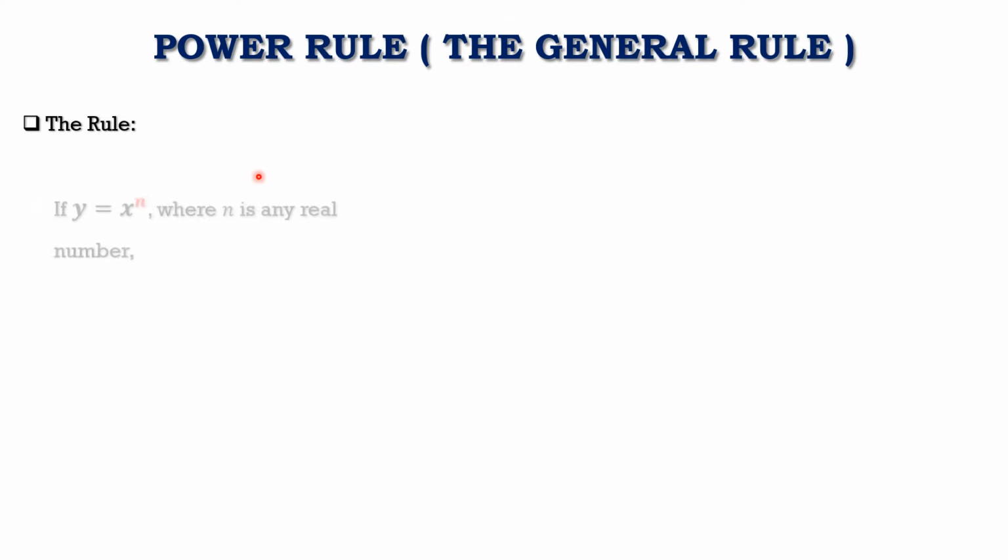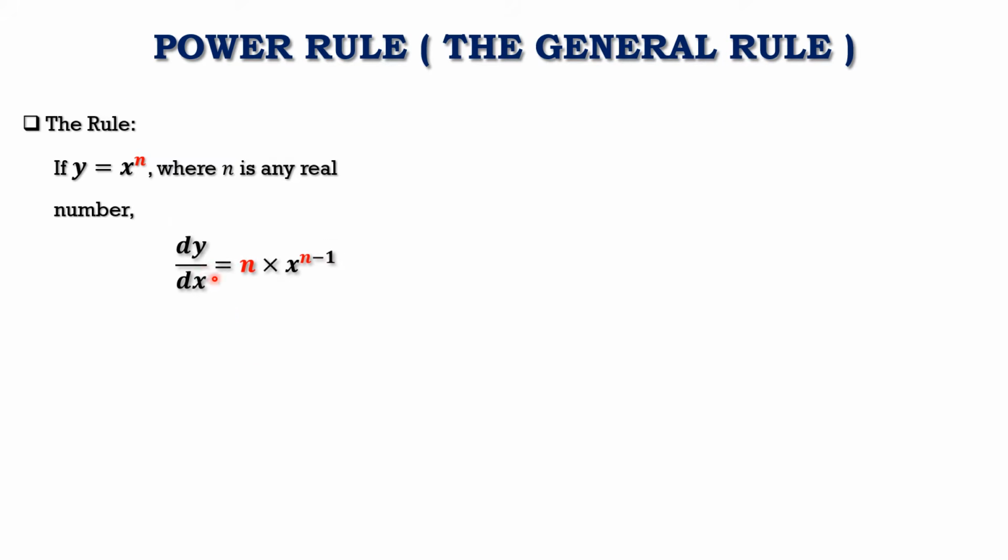The rule says that if y is equal to x raised to the power n, where n is any real number, then dy over dx is equal to n times x raised to the power n minus 1. That is, the power n will multiply the whole of the expression x, and we also subtract 1 from the exponent, which is n.